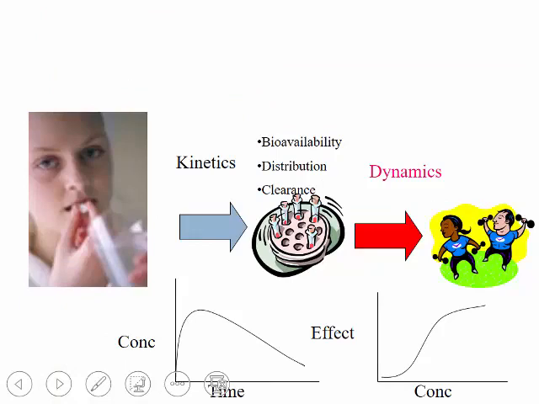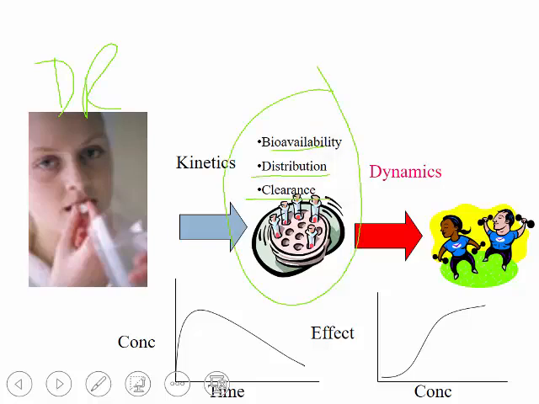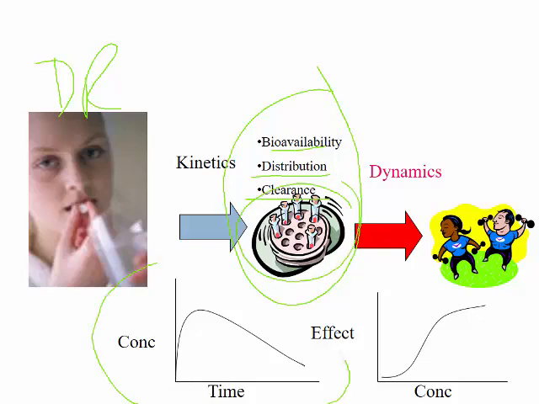So this is another way of depicting this. What we've been studying so far is when we give a certain dosing regimen, what concentrations do we get? Our bioavailability, distribution, and clearance result in certain concentrations. So we've been looking at this concentration-time issue here.